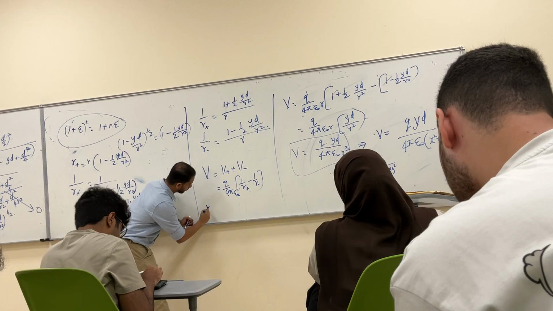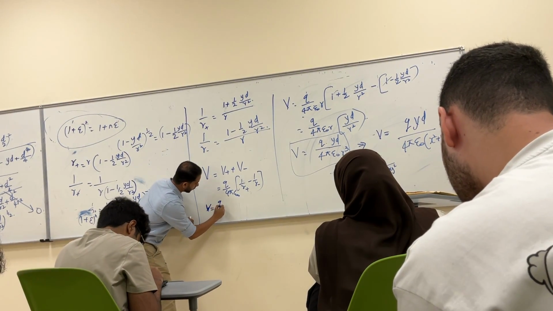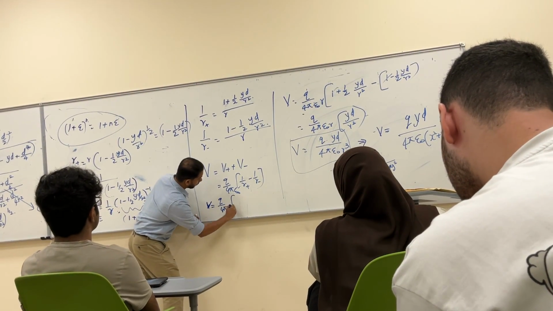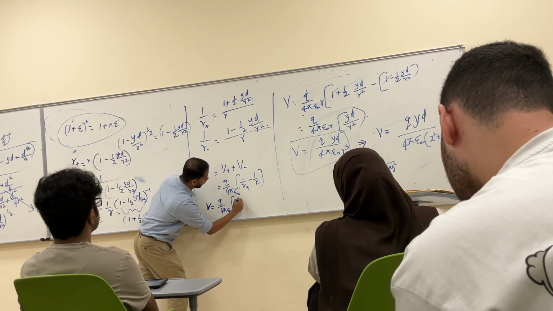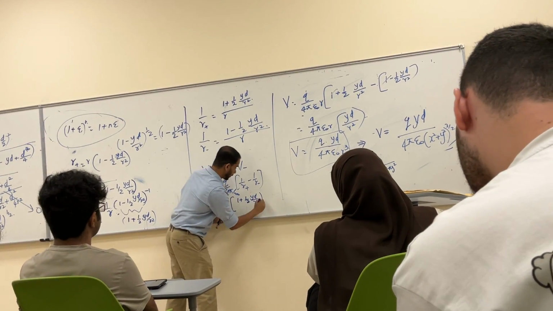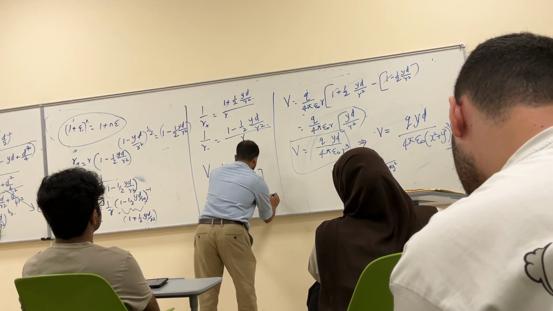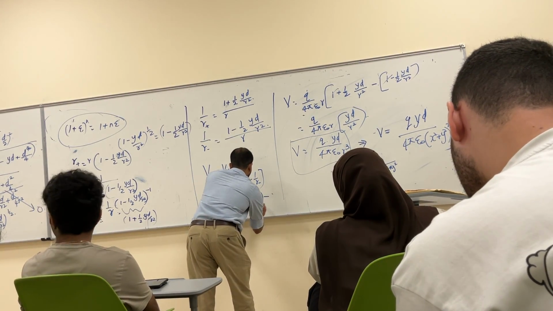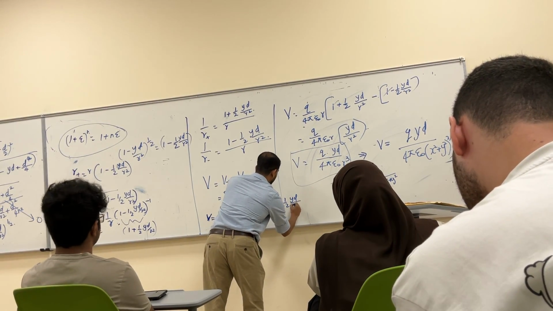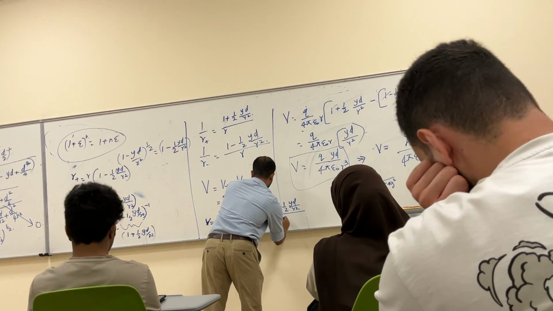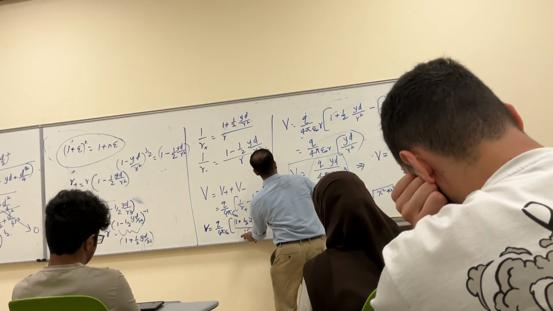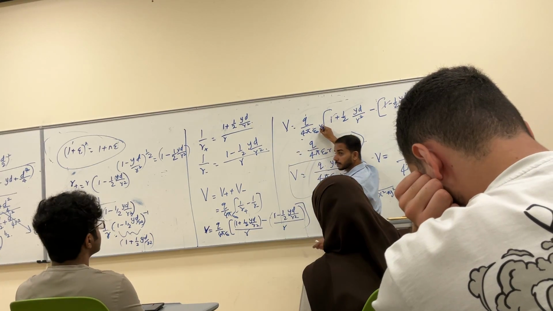So V is equal to Q over 4 pi epsilon 0, this will be 1 plus half YD over R squared minus 1 minus half YD over R squared, all over R. So I took this R outside, so I have that here.